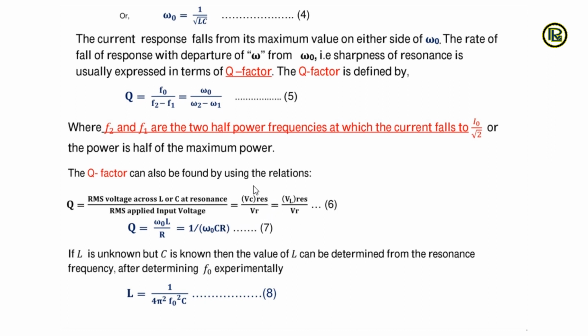So that will be VC at resonance upon Vi or VL at resonance upon Vi. Therefore, Q is equal to omega 0 L by R or 1 by omega 0 CR. So this is another way of finding out the quality factor of the series LCR circuit.